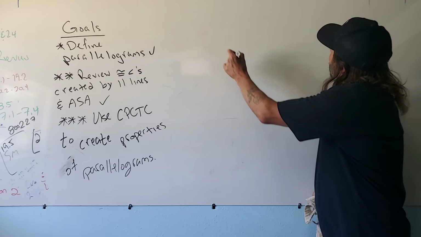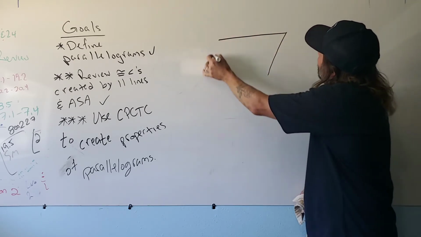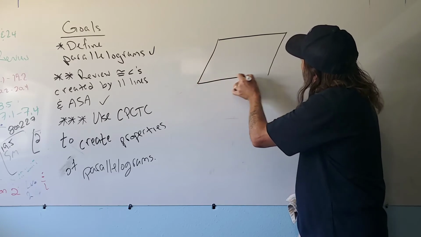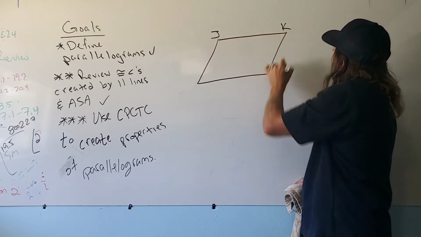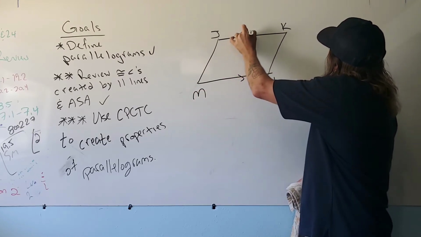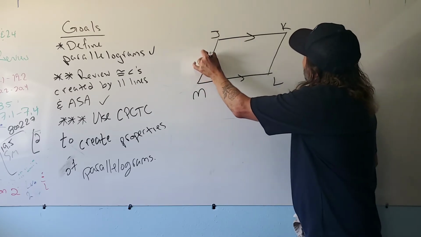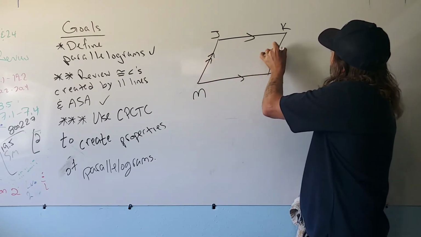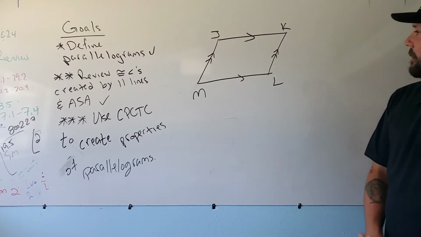So let's start off with a parallelogram. J, K, L, M. JK is parallel to ML, and JM is parallel to KL. All right, so I have my parallelogram, right?